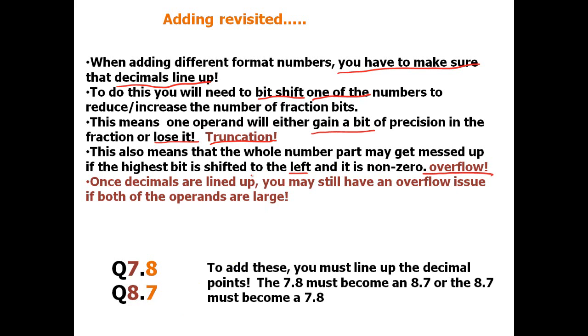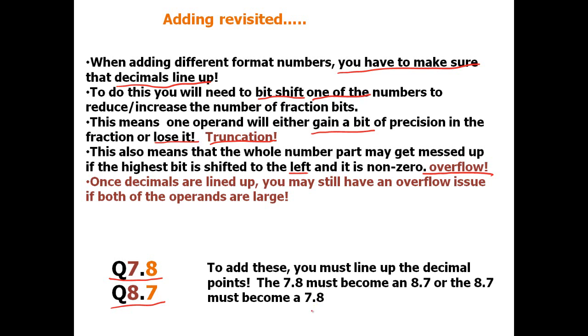Even when you line up, you may still have overflow if the operands are large, so you'd better be adding into a data type that can handle it. Think about a Q7.8 or a Q8.7. The 7.8 either has to become an 8.7 or the 8.7 must become a 7.8 for it to work.